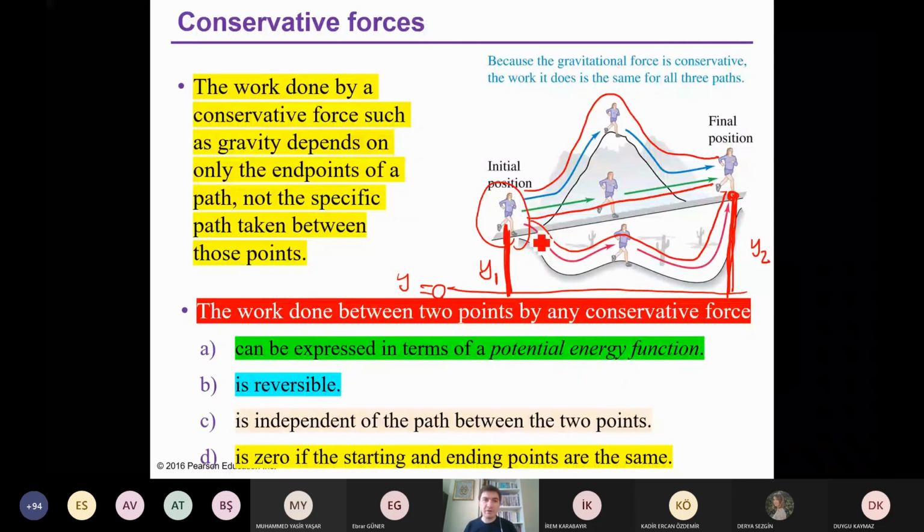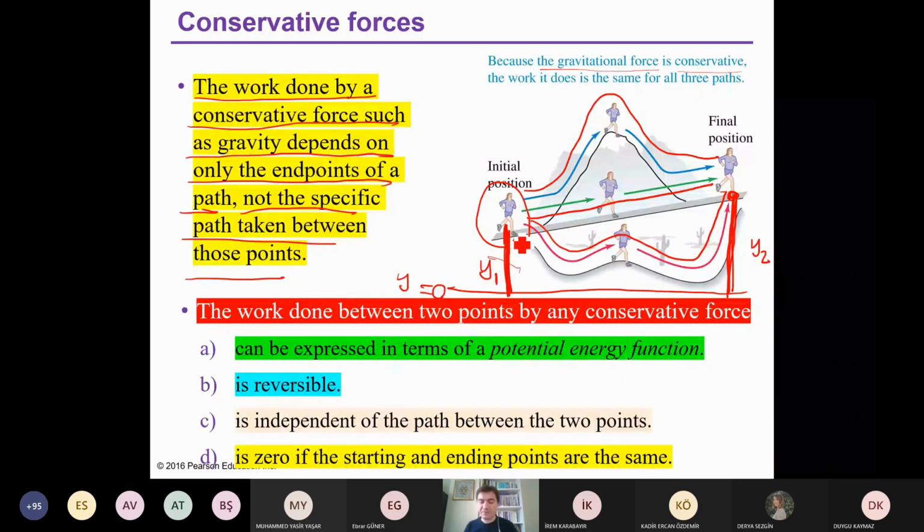The work done by a conservative force such as gravity depends only on the endpoints of a path, not the specific path taken between those points. This work done by gravity does not depend on the path taken. So now we have 4 properties of conservative forces.